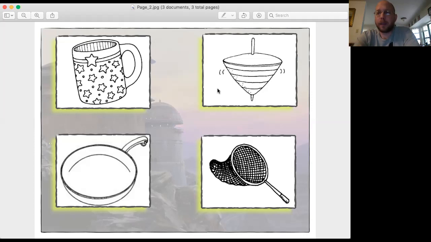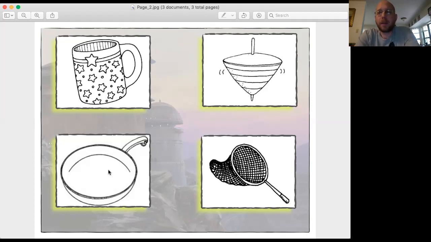And then with our rime, op. What's that first sound in op that we hear? Ah. Very good. And our last sound? P. So our word top. T. Ah. P. Top. Very good. Let's look at our next one.